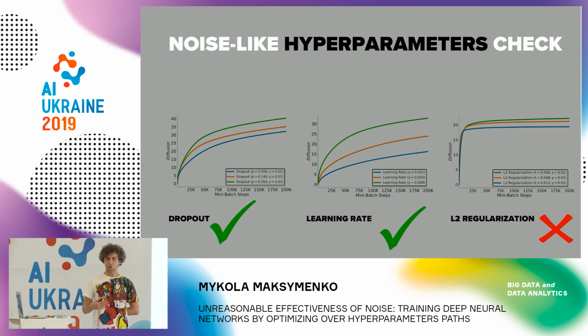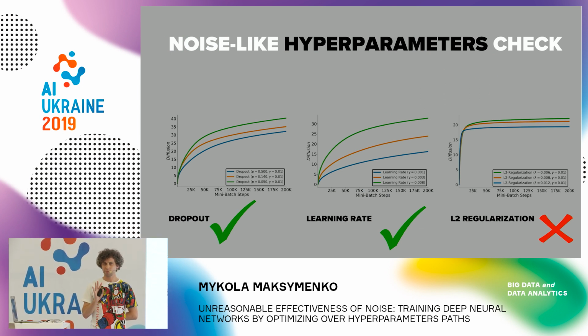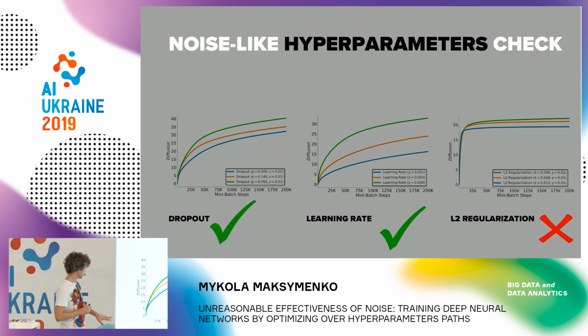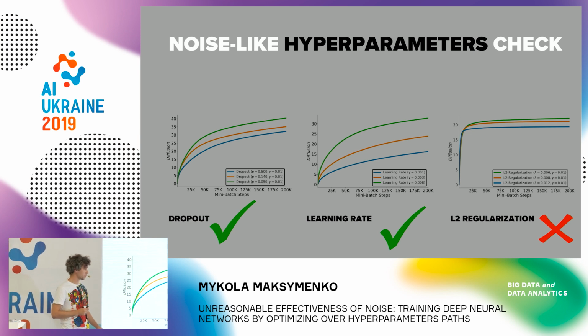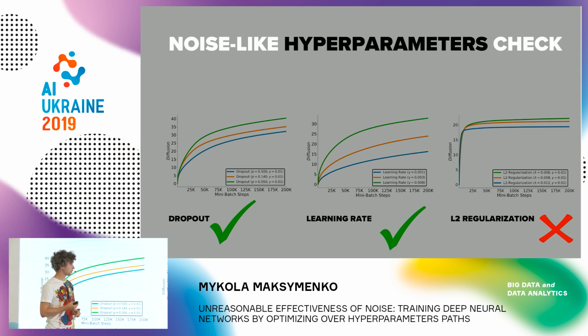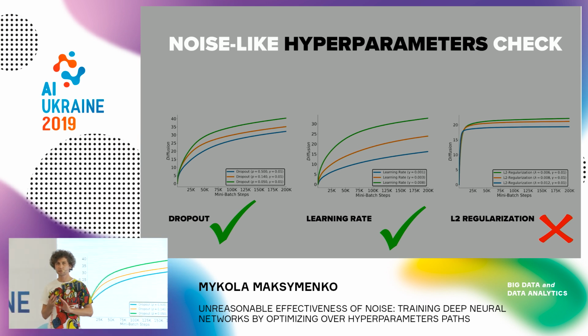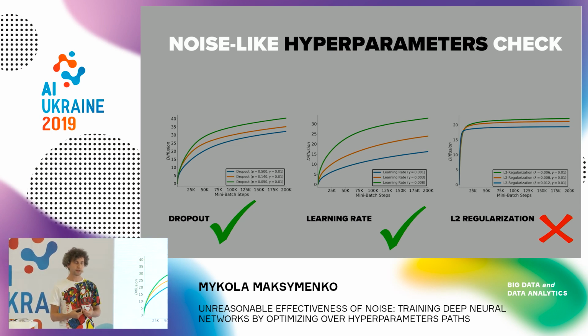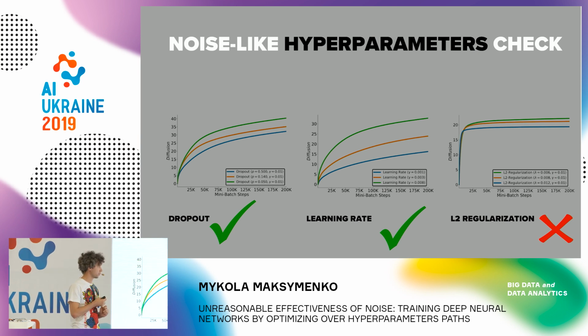If you look at other hyperparameters, not all of them have this property, but a lot of them do. Here in this example, I show you that dropout has this property, learning rate has this property, and any others which involve some kind of noise or stochasticity have this property. Changing the batch size also has this property.